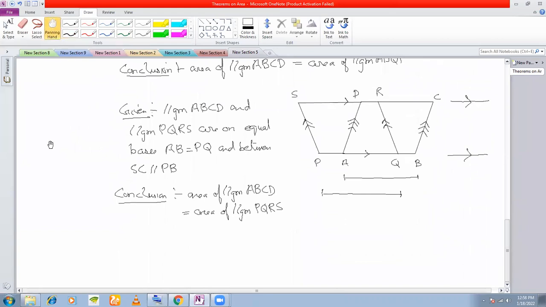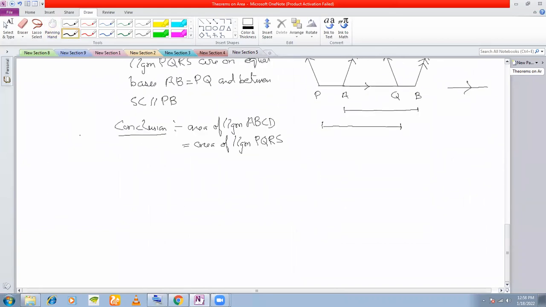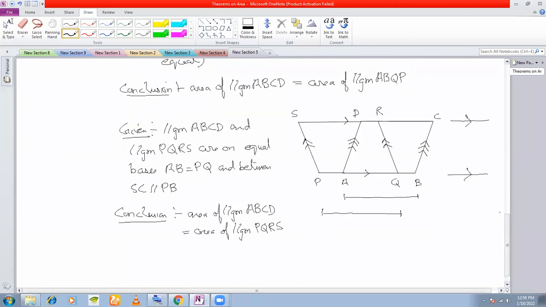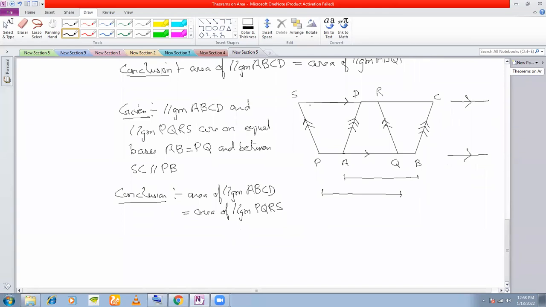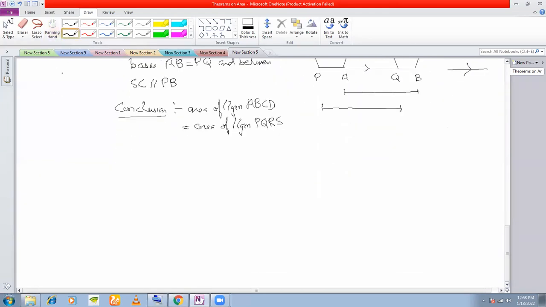Okay. So this was an important theorem. And remember that if I have a parallelogram and rectangle on the same base, will they have equal areas? Now, this is my question to you. If I have a parallelogram and a rectangle on the same base, will they have equal areas?